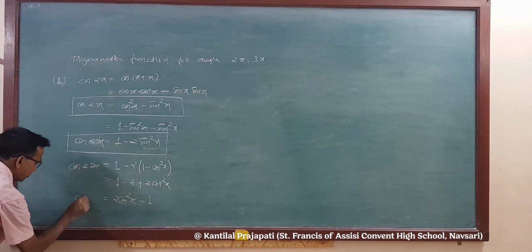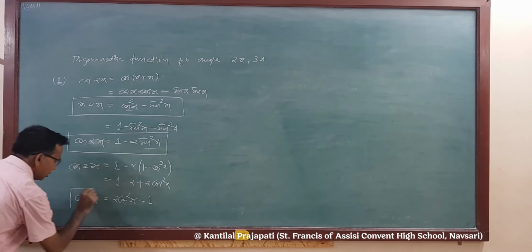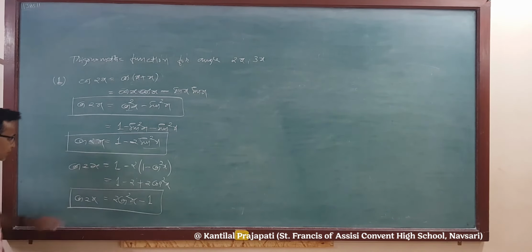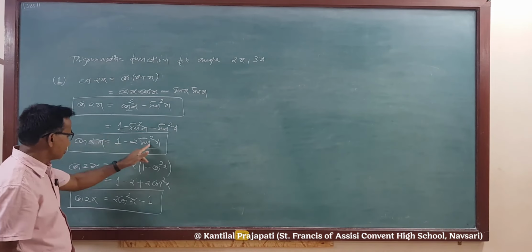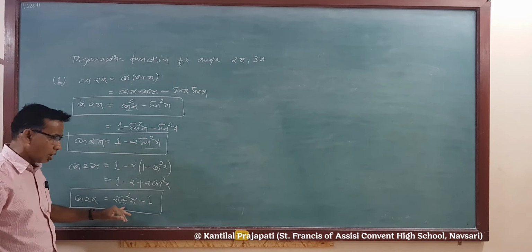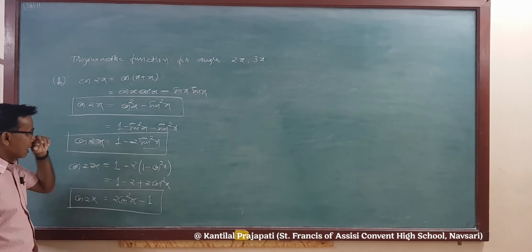So this is another formula of cos 2x in terms of only cos x. The three formulas of cos 2x are in terms of cos and sin, in terms of sin, and in terms of cos. Now we convert into tan.